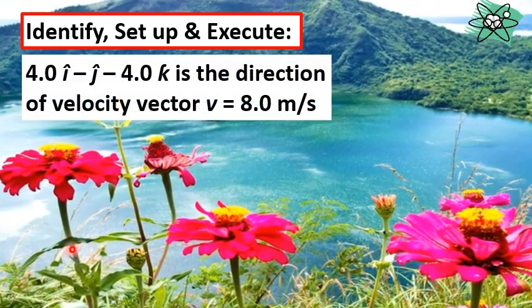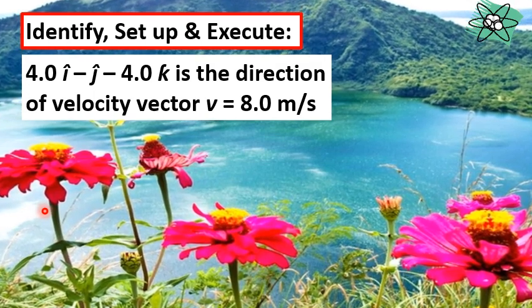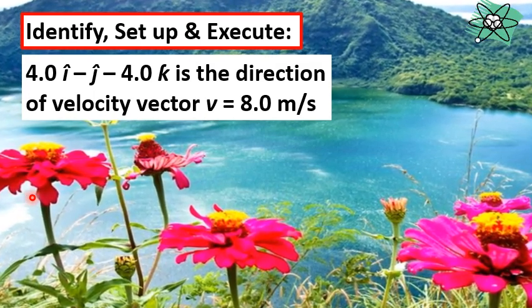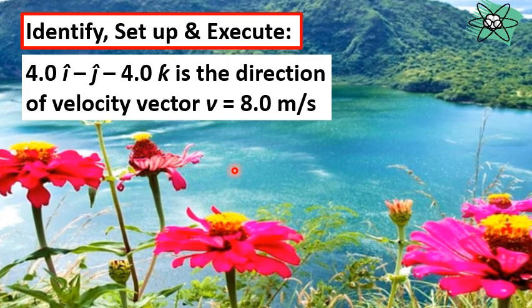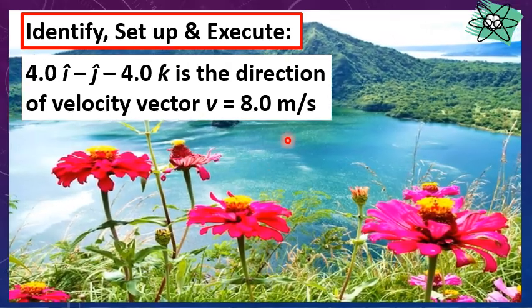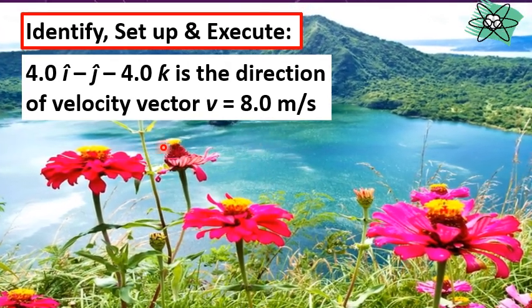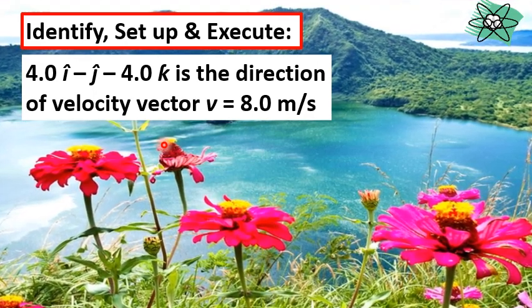Alright, so in this problem, we're given the velocity vector with its magnitude of 8.0 meters per second and its direction expressed in I, J, and K units.